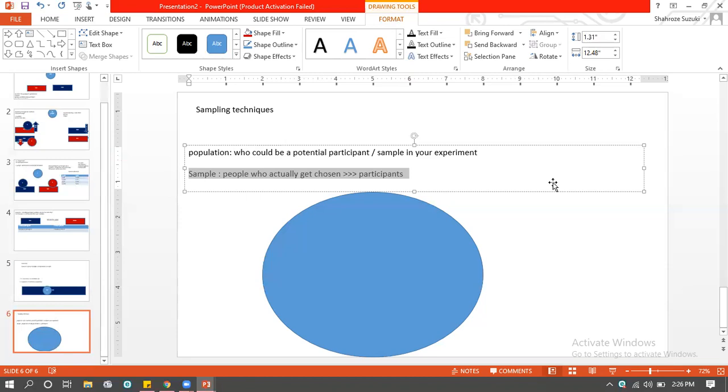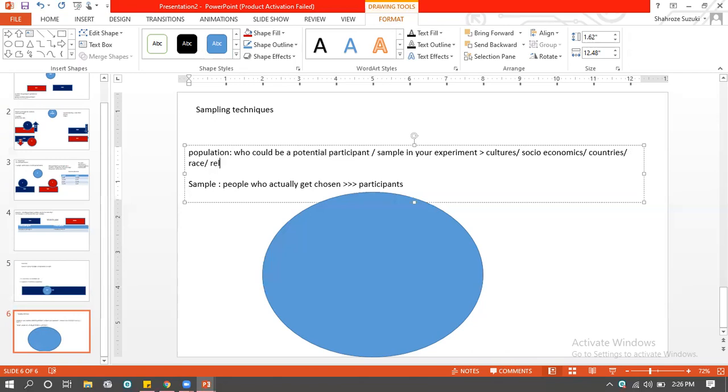As long as they meet the basic criteria, they will qualify. But you need to make sure there is some diversity. So you want your sample to represent different cultures, different social and economic backgrounds, countries, race, religion, but as long as it's not interfering in your studies.